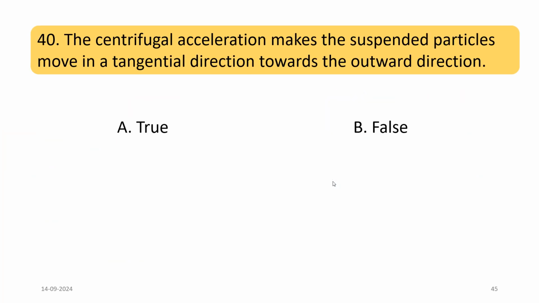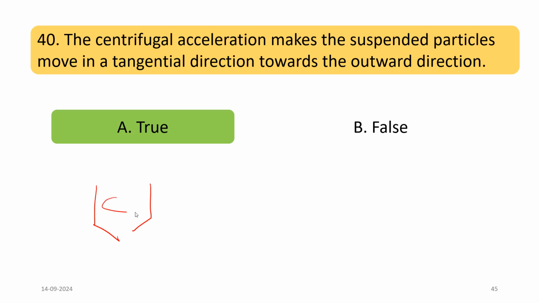Next, the centrifugal acceleration makes the suspended particles move in a tangential direction towards the outward direction. Is it true or false? The answer is true, because inside a cyclone separator, the particles are moving in this way.